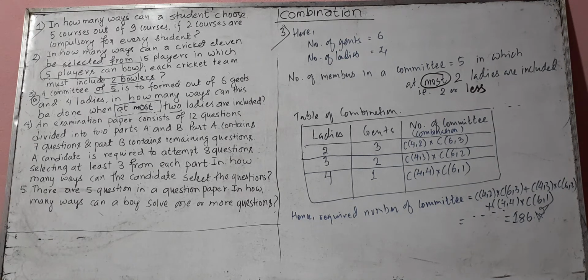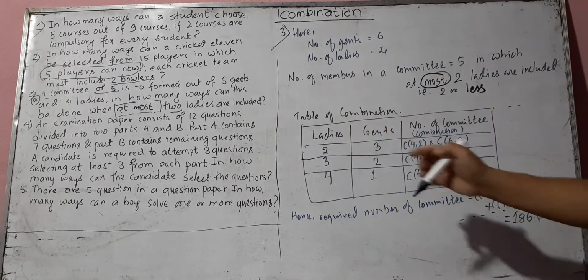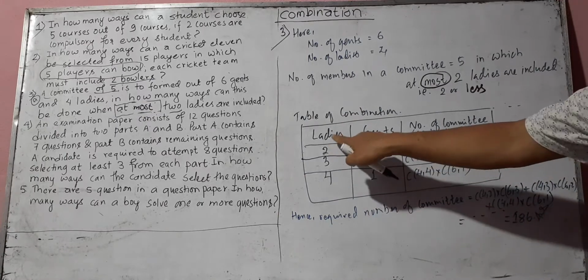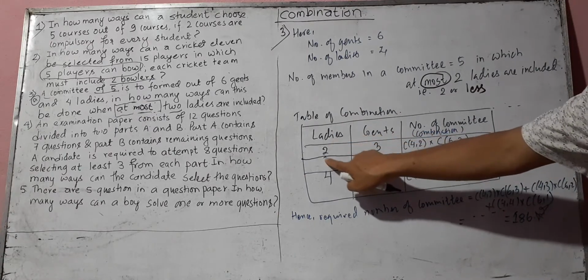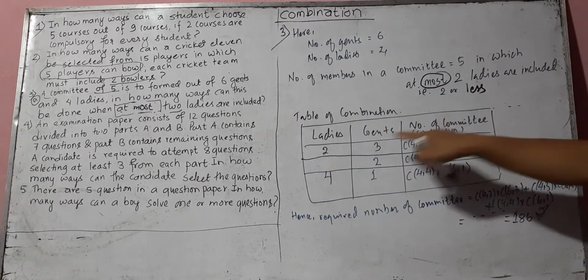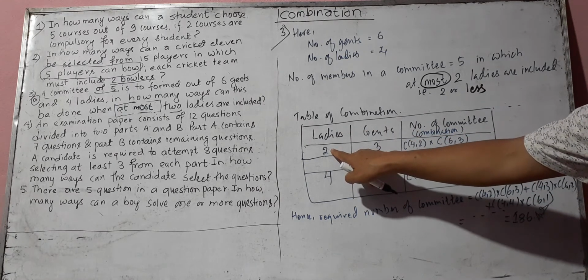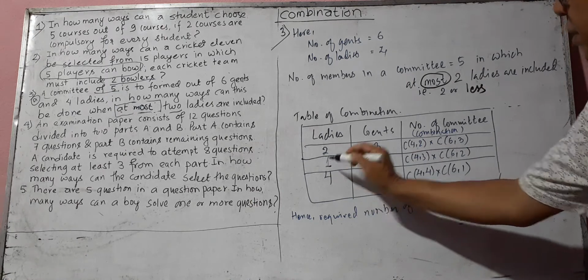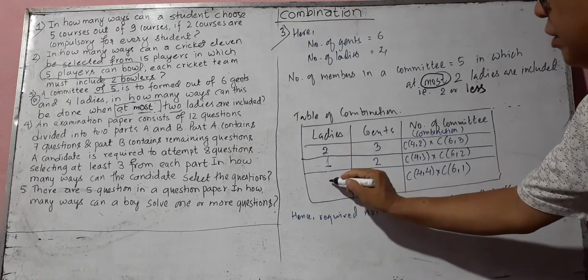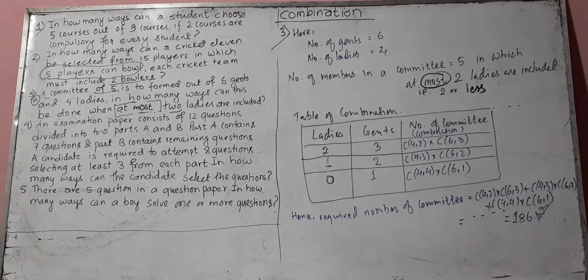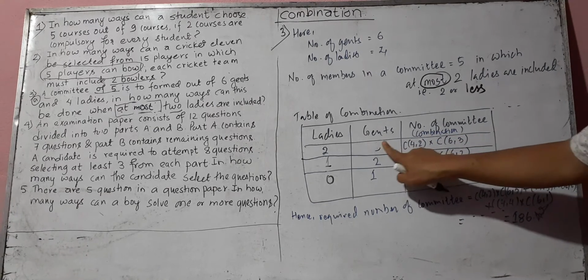Then we make the table of combinations, starting from 2. Two or less means it may be 2 ladies, or 1 lady, or 0 ladies.